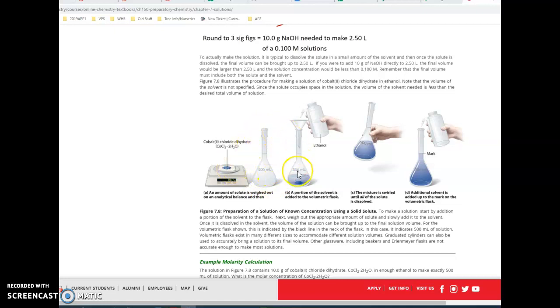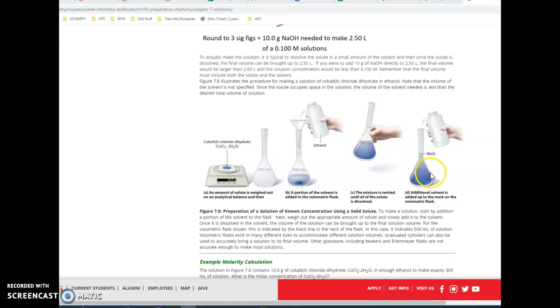So you'd add the solid to that, and then add your solvent. In this picture they're using ethanol. Most of the solutions we make are water-based. And you keep adding, so you mix, and then you keep adding water until you get to the mark, and that would be how you would get a solution volume of exactly the needed quantity.